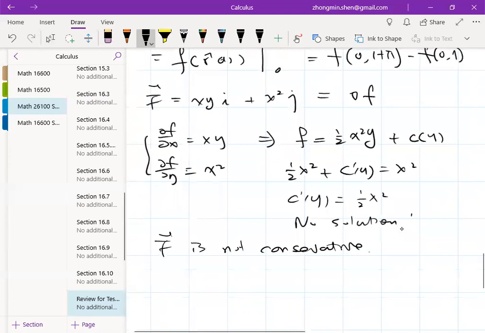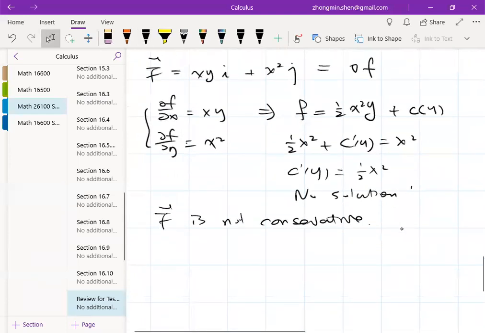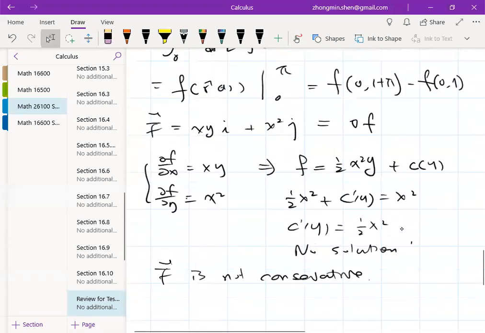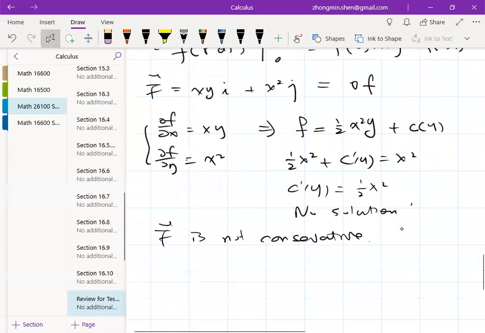However, how do you know that before you solve the equation, right? So here is the theorem.